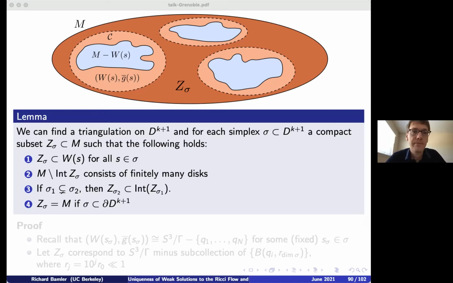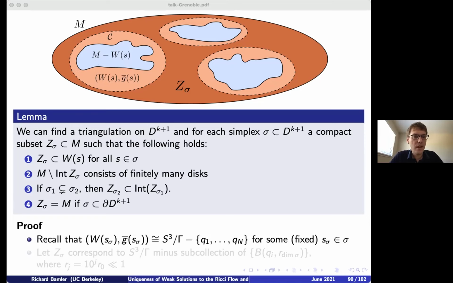Okay, so how do we prove this? The proof here is relatively simple, and it's based on the following observation. Let me take some simplex sigma, and assume that the simplex is really, really small. Then fix some parameter in the simplex, let me call it S sigma.